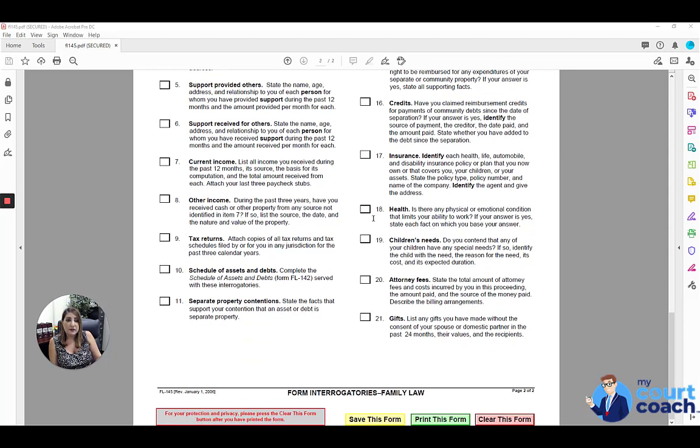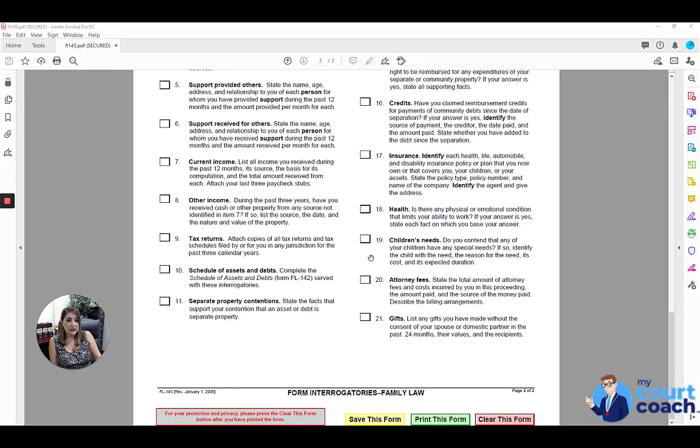Item 18, if you want the other party to address any physical or emotional condition that may limit their ability to work and what they base that on, mark box 18. Item 19, if you want the other side to address if they have any children with special needs, you would mark this box.